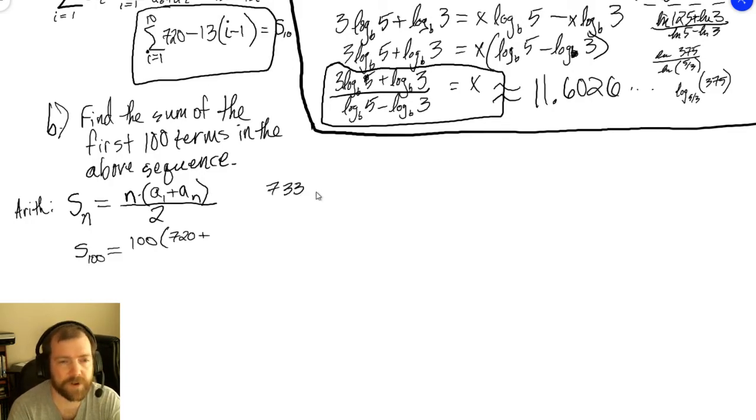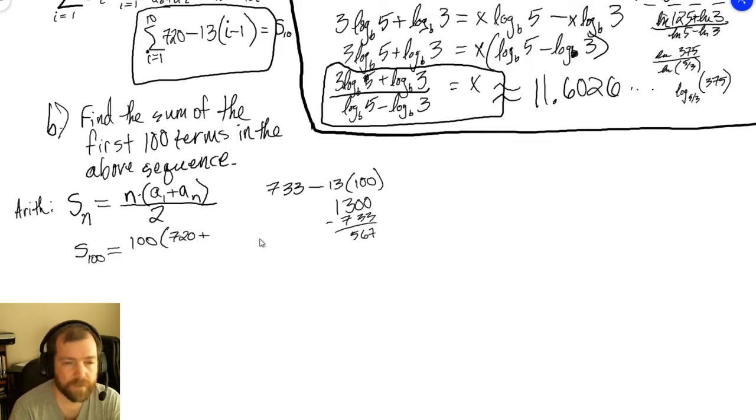Let's do the other one. 733 minus 13 times 100. 1300 off of 733, or subtract the other way, is going to be 600 minus 33 is 567. Sure hope that's right. Anyway, yeah.